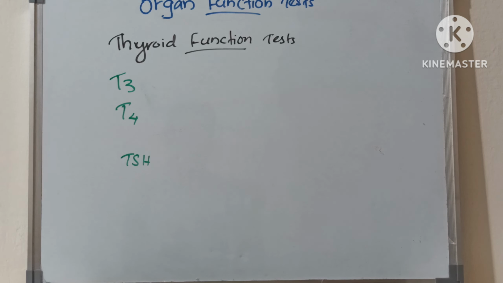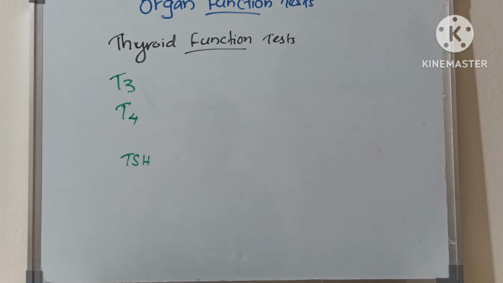This TSH activates thyroid gland to produce more T4. When the levels of T3 and T4 are high, pituitary gland stops secreting TSH so that thyroid makes less T4. TSH is also called thyrotropin.